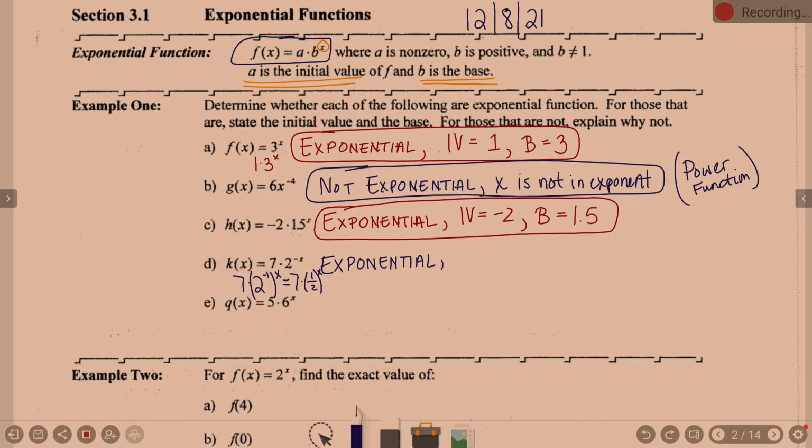That's the form I would encourage you to have it in before you answer the question of what is the initial value and base. Pull that negative off the exponent, put it with the number, and readjust. So based on that information, my initial value is 7, and my base is 1/2.